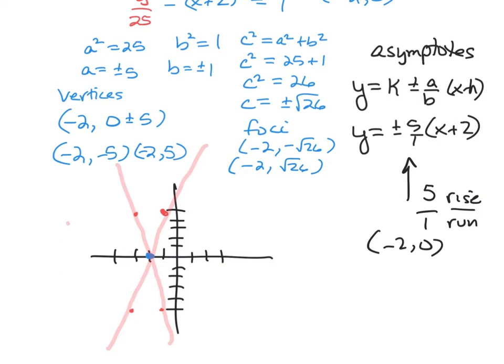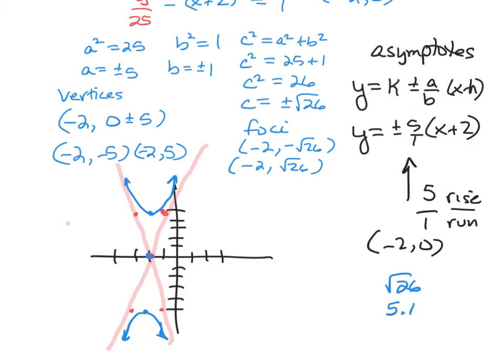I'll go ahead and graph the vertices. -2, -5, -2, +5. Use the asymptotes as your guide. It doesn't cross it, skims along it. And then I also can graph the foci. The square root of 26 is just above 25.